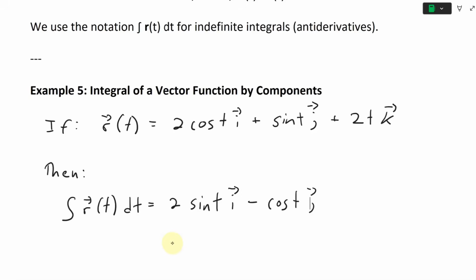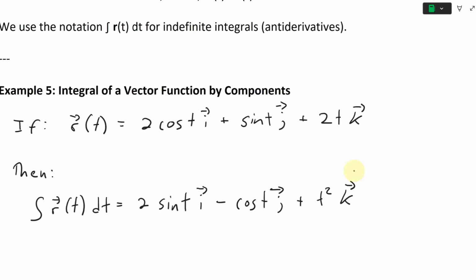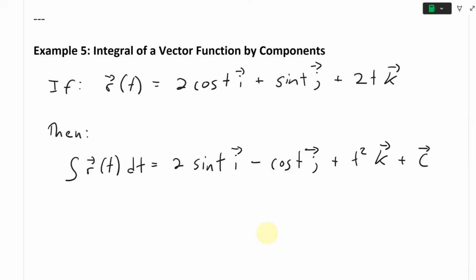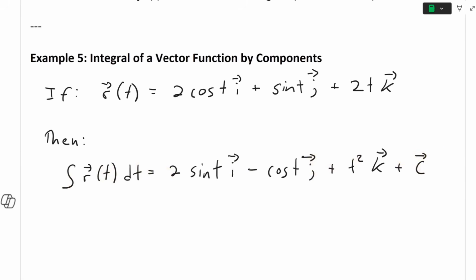j, and then this one here, 2t. The derivative of t squared is 2t, so this is going to be t squared k. But lastly, when we deal with indefinite integrals, we need to include a constant. In this case it's a constant vector of integration, because the derivative of a constant is 0.